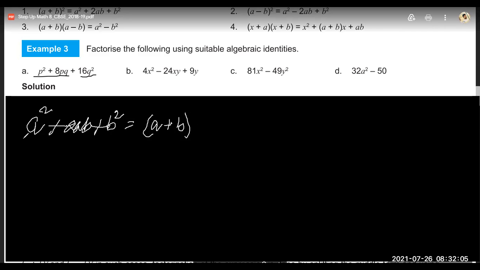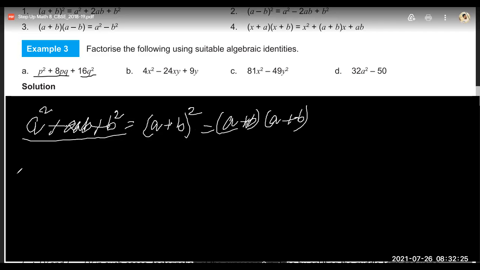Anything you see in this format can be written as a plus b whole square. When you write a plus b whole square, that is the factorization, because a plus b whole square means a plus b into a plus b. Square means product of the same thing 2 times.